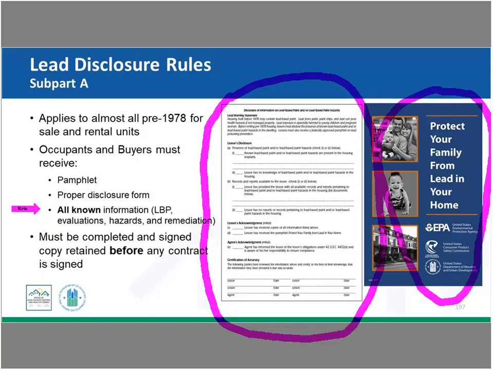And they also need to identify if they don't know if there are any lead hazards. If they know there are lead hazards, they check that off and provide supporting documentation. If they don't know, that also needs to be documented on that same form. This needs to be completed and signed before any contract is signed. Often this is actually signed at the contract timing.